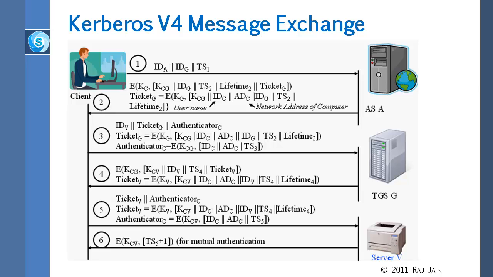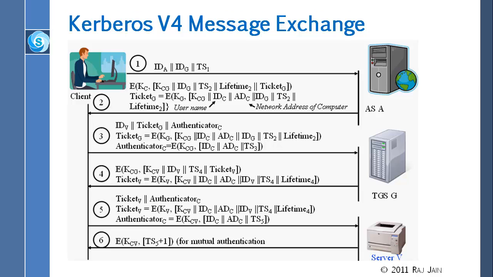The ticket itself is as before, the same thing, basically an encrypted thing. And the authenticator is my ID, my address, current timestamp, and the whole thing is encrypted with the new key that I have gotten just now, for this day.